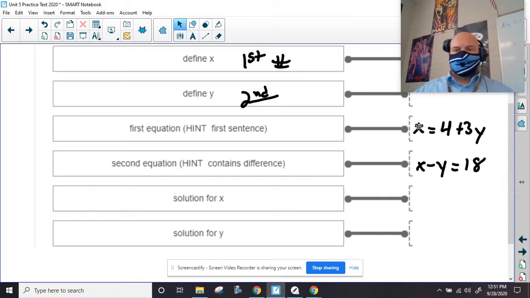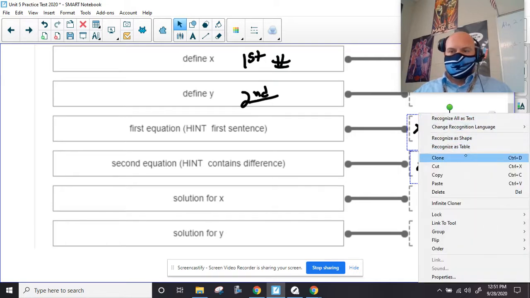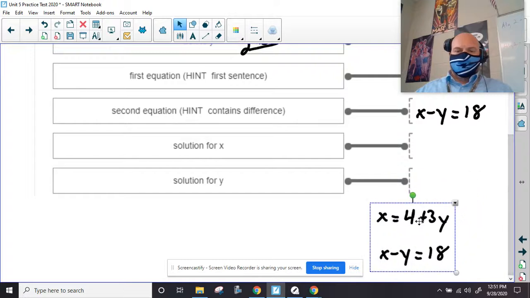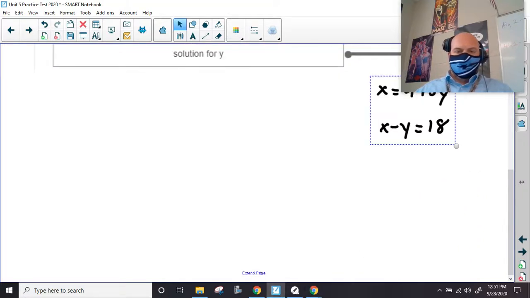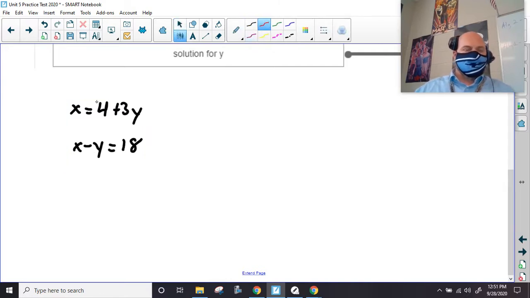I want to grab these real quick down here and solve them. Now, this is a very easy substitution. You take this in and plug it in.